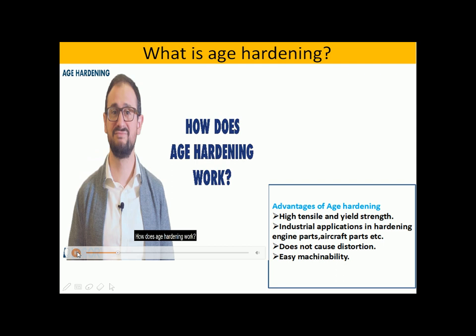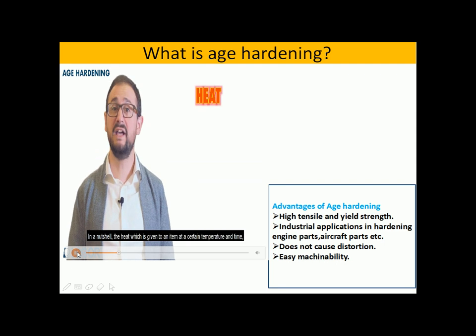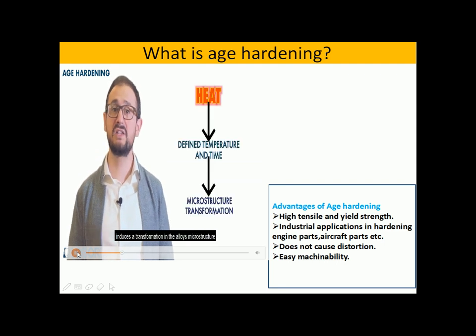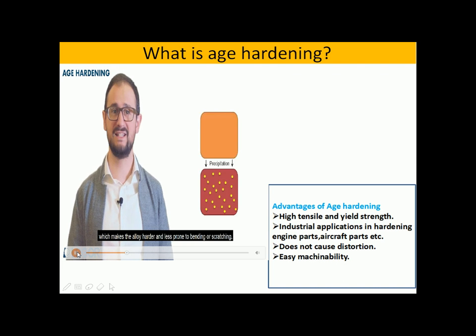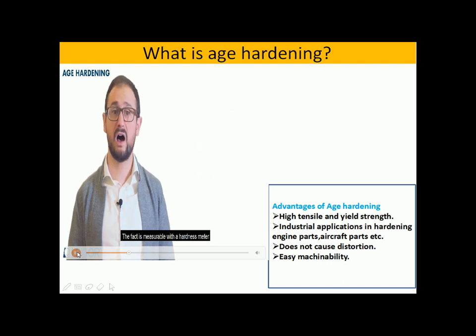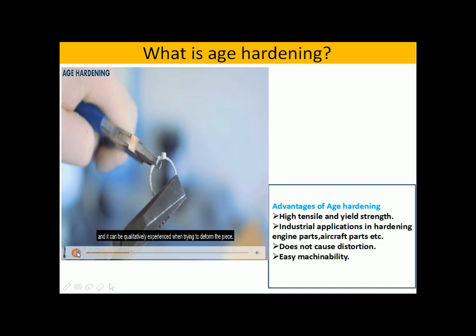How does age hardening work? In a nutshell, the heat given to an item at a certain temperature and time induces a transformation in the alloy's microstructure, which makes the alloy harder and less prone to bending or scratching. The effect is measurable with a hardness meter, and it can be qualitatively experienced when trying to deform the piece.